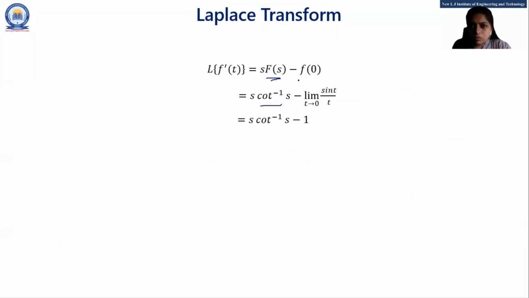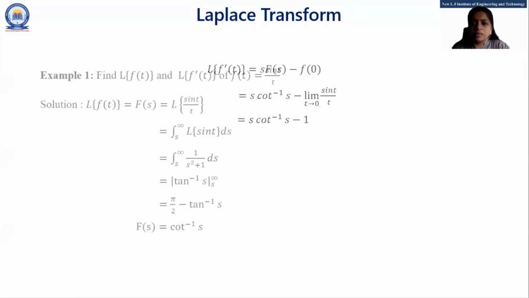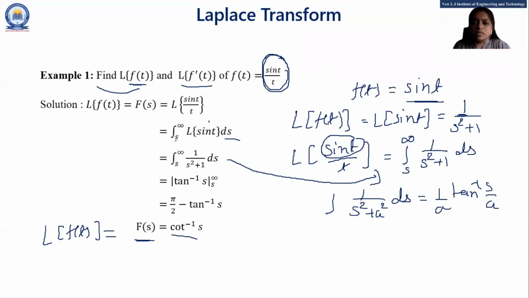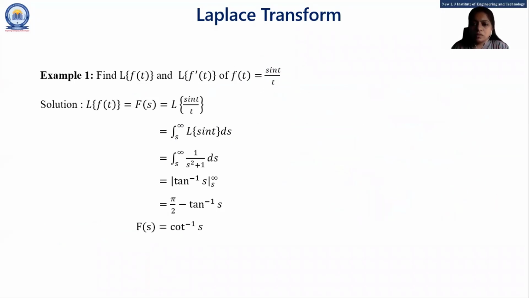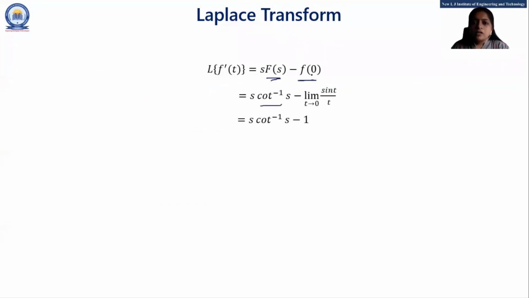But for small f of 0, our given function is f of t, right? So we replace t by 0. So f of 0 is sin 0 upon 0, and as you all know, sin 0 upon 0 is not defined. That's why we apply the limit there.